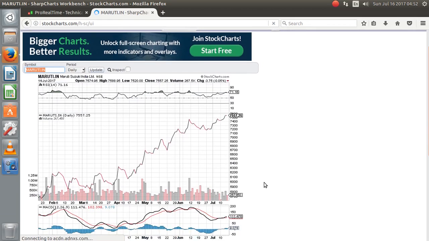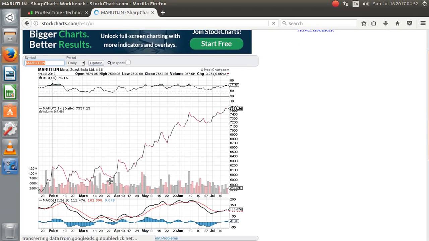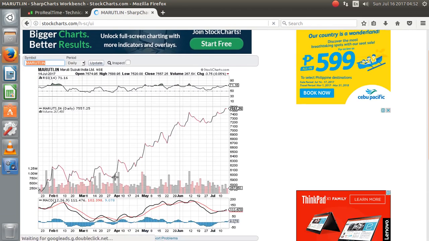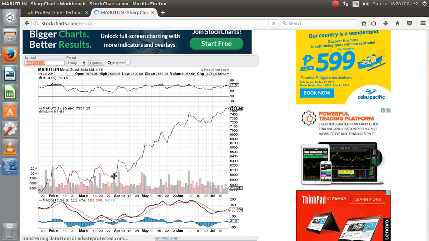This is the price of Maruti Suzuki in India on a day-to-day basis on the closing price. Okay, so you can just easily point out at what price Maruti Suzuki closed in the Indian stock market on a day-to-day basis. We'll be talking a lot more about line charts in future videos.